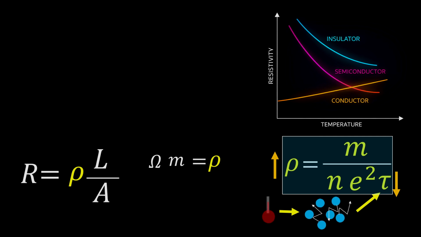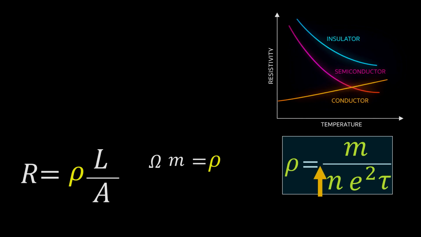We have a complete chapter for semiconductors. And in insulators, when temperature increases, their resistivity decreases. This means they become more conductive because thermal energy frees more electrons to move. So in the equation, electron density increases and hence resistivity decreases. Or we can say that conductivity increases at high temperature.